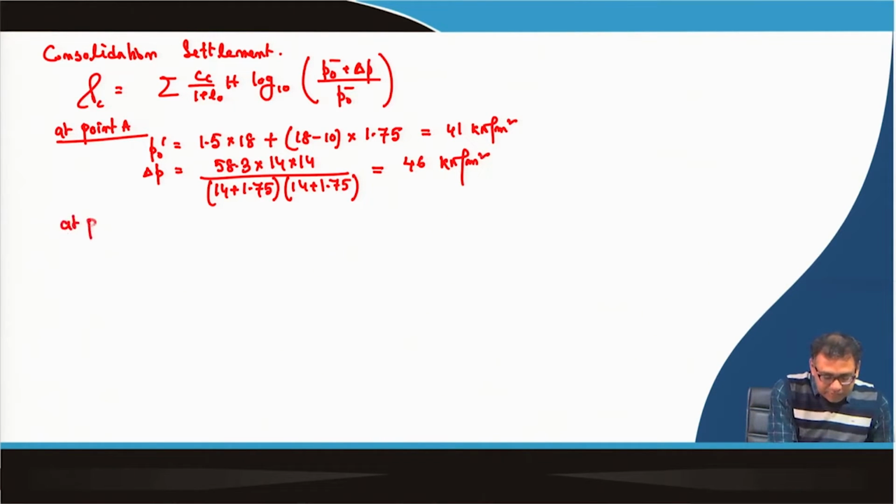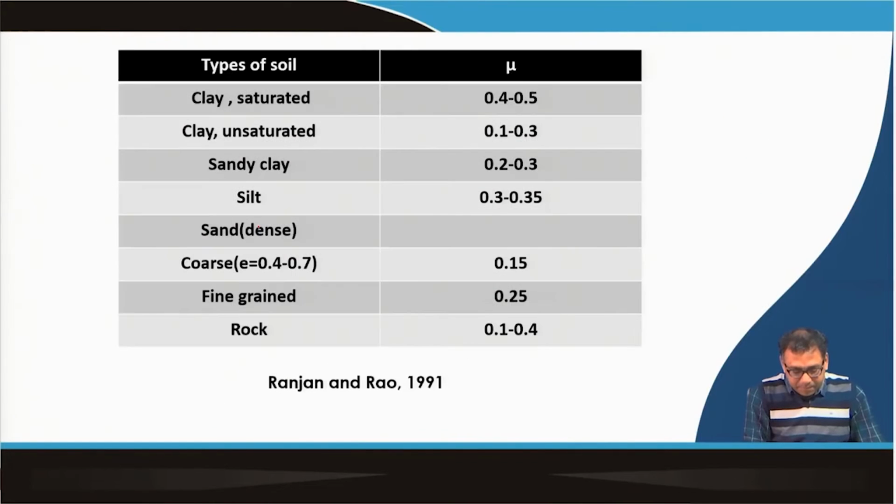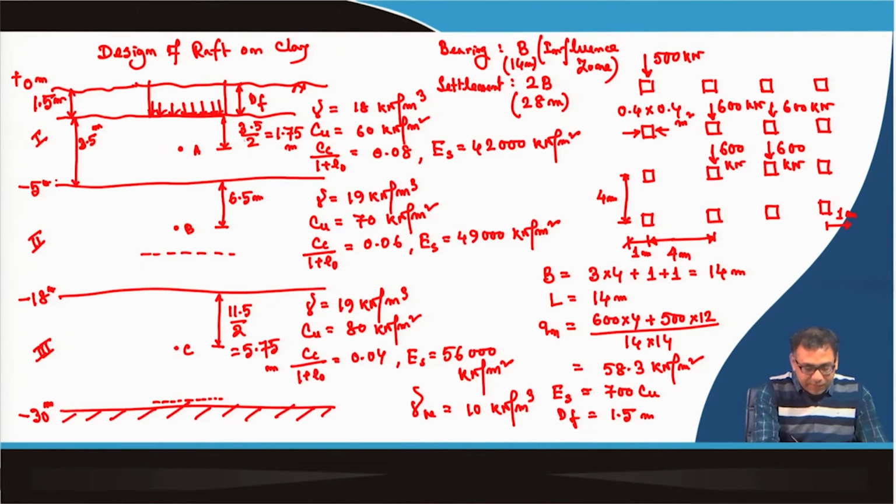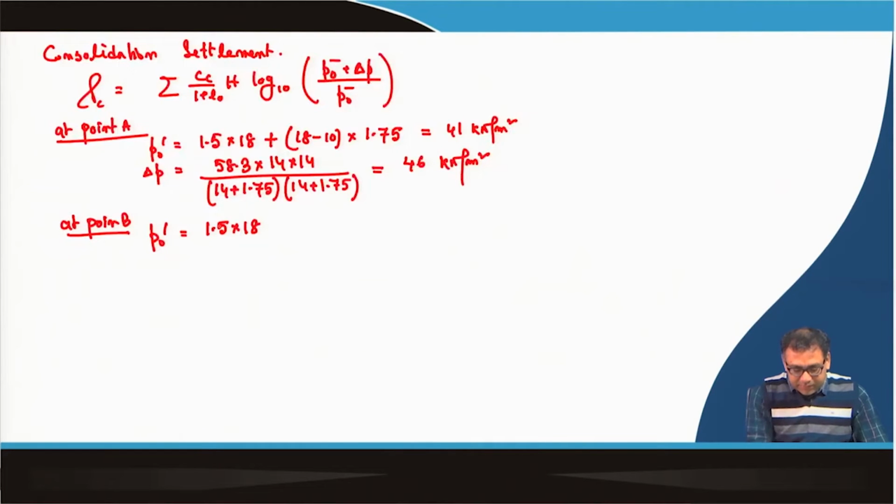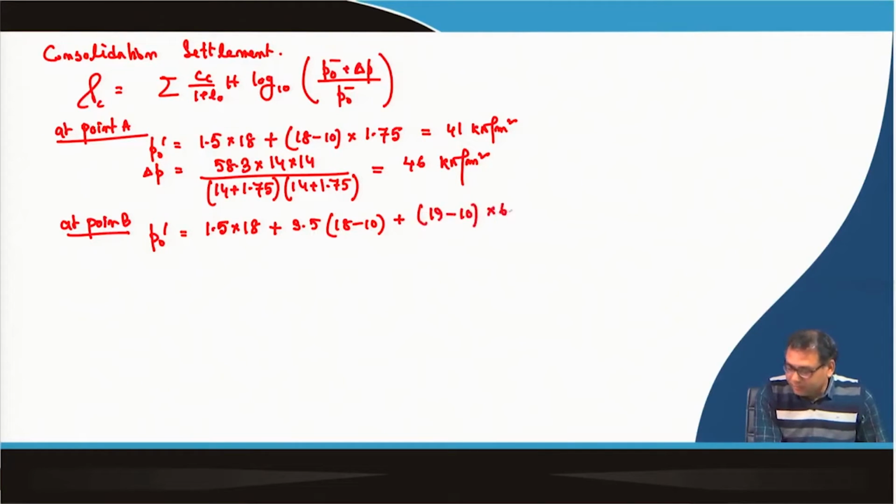Similarly, at point B, P0 bar is again 1.5 into 18, then 3.5 into 8, then 6.5 into 9. Okay? That is 3.5 into (18 minus 10) plus (19 minus 10) into 6.5.